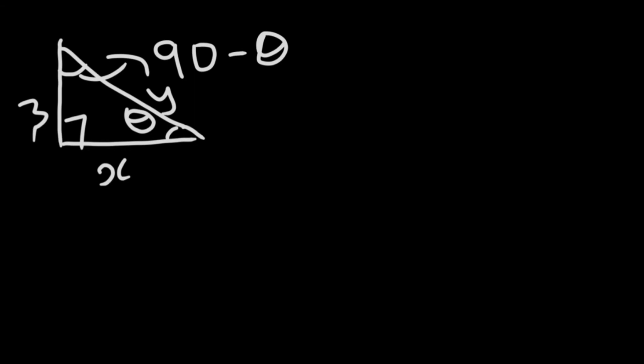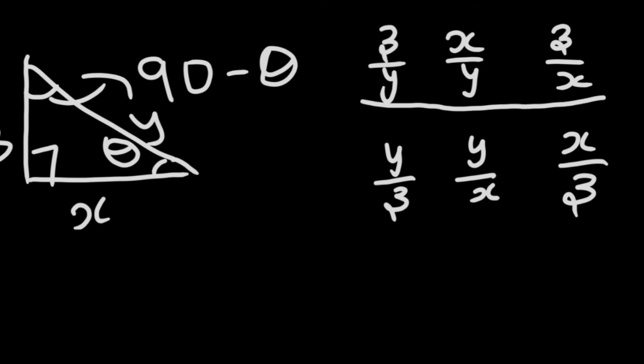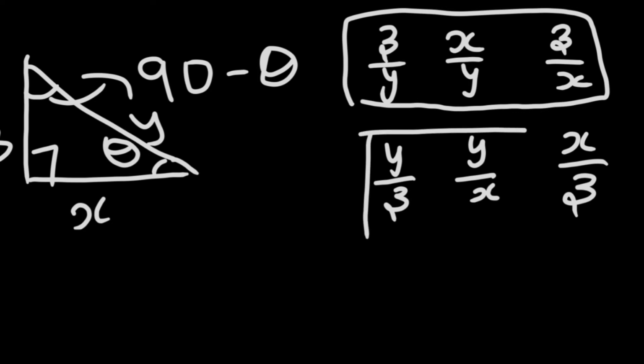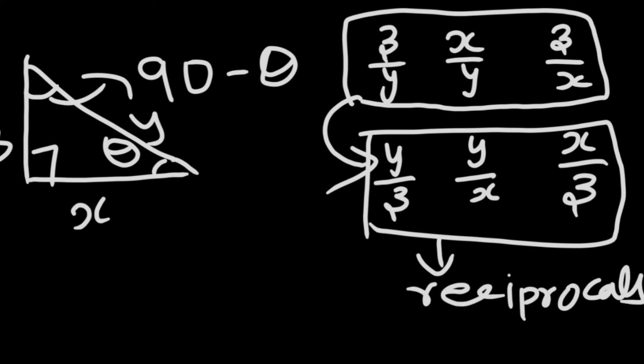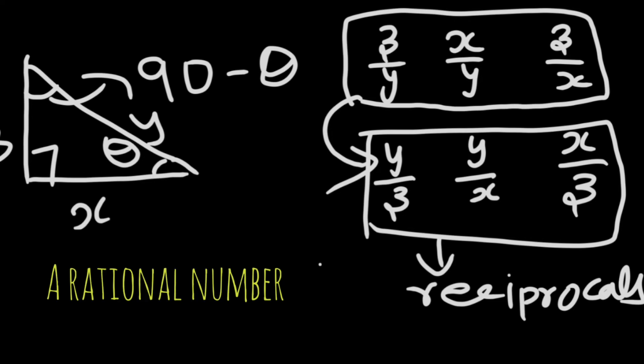Now I'll write all the possible ratios of this triangle. These are the main ratios I'll get, and these are their reciprocals. Reciprocals means we just interchange the numerator and denominator of a p by q form, which is a rational number.